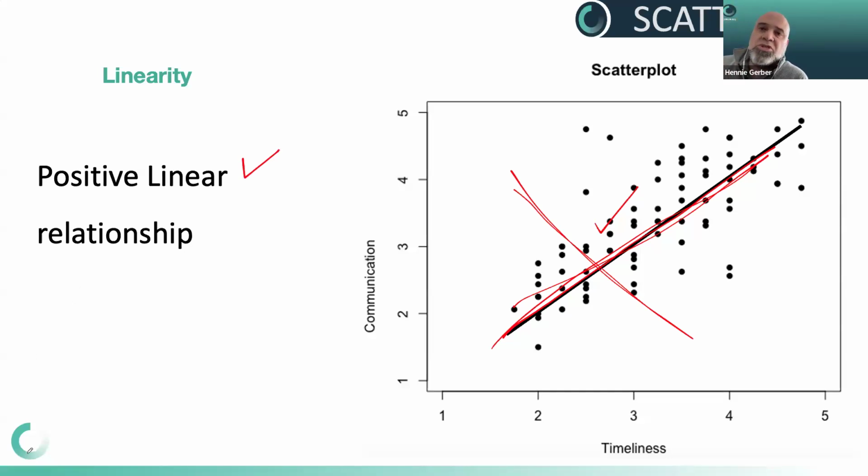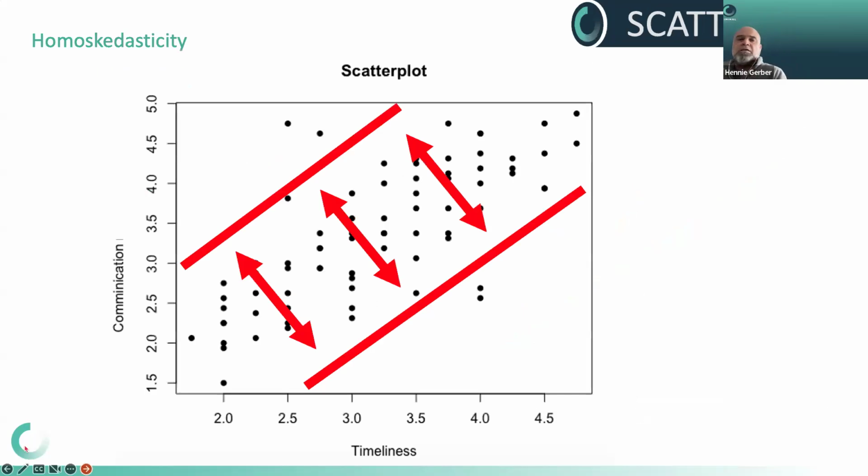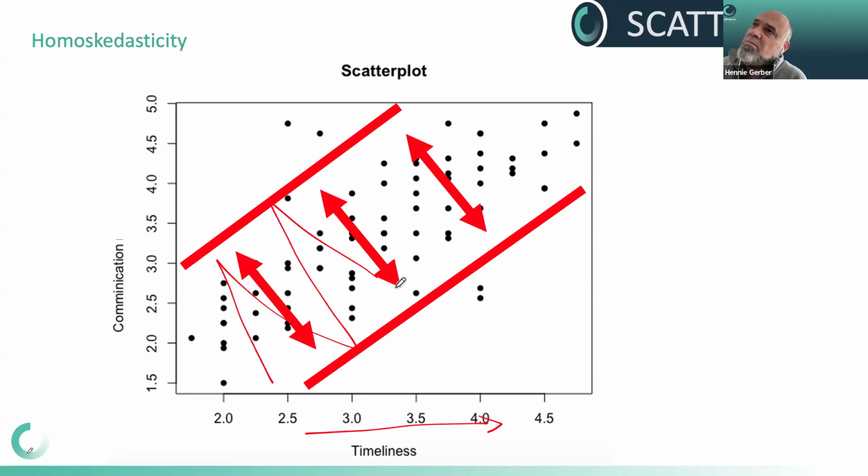Then we're looking at homoscedasticity. Homoscedasticity means that over the level of the x-axis, over this axis, we don't want a change in the variance. If you look at these arrows, you can see the variance stays more or less between these two bands, in the same range.